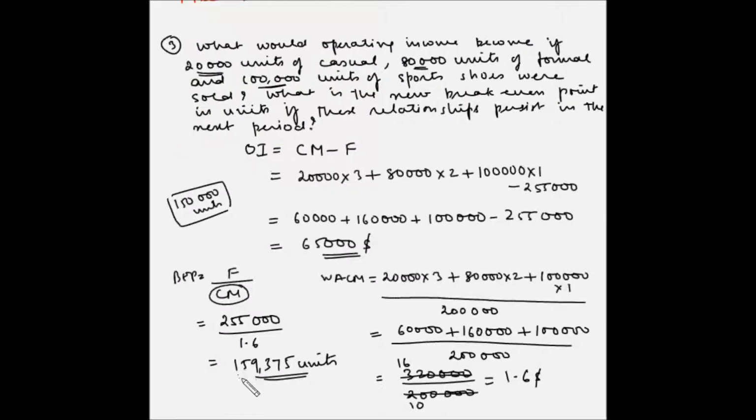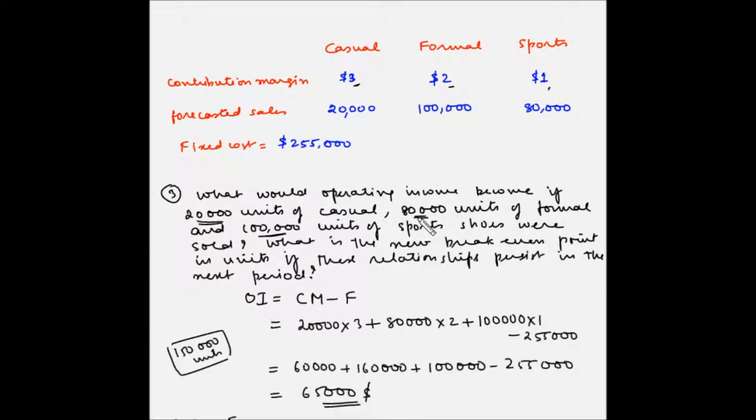So here the break-even point has increased by 9,375 units, and that can be contributed to the fact that we have decreased the sales for the product line which has higher contribution margin and increased the sales of the other product line by the same number of units which has a lower contribution margin.